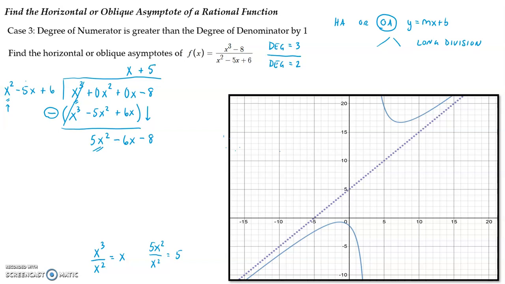And now we can multiply the positive 5 times each of these pieces out front. So 5 times x squared will give us 5x squared. 5 times a negative 5x will give us a negative 25x. And 5 times 6 is 30.